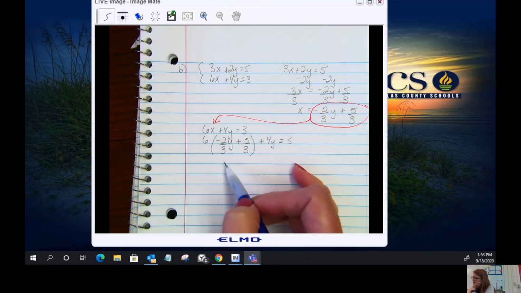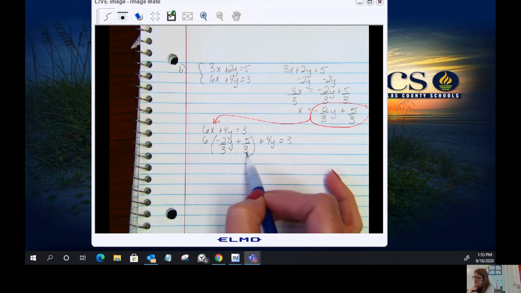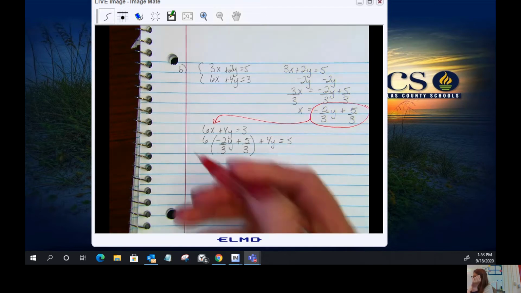Okay, so what I'm going to do here, I'm going to cross reduce. I have both 3's here. So let's knock those out.